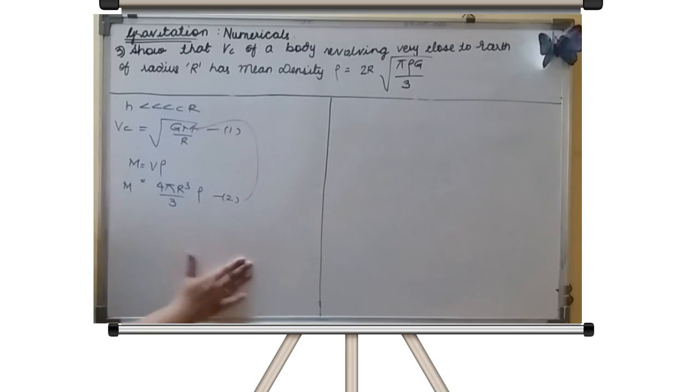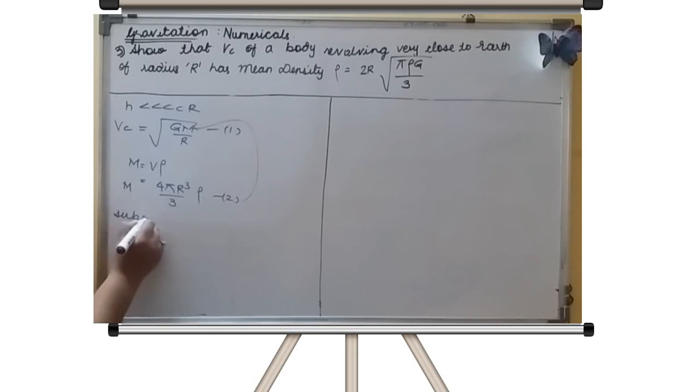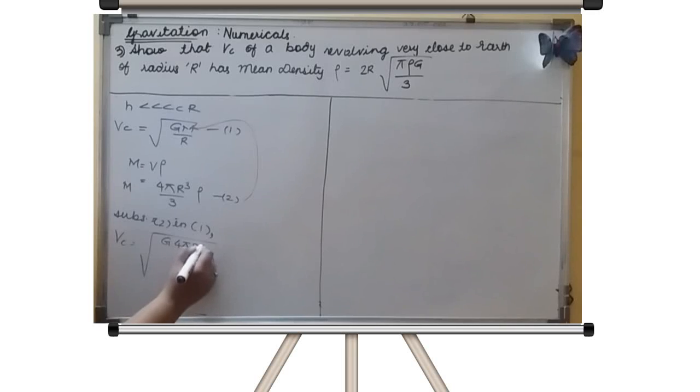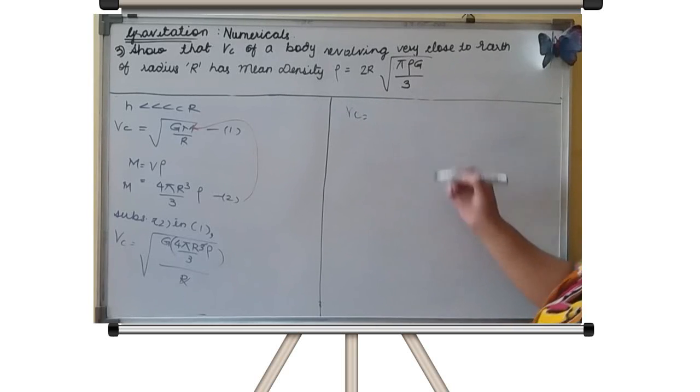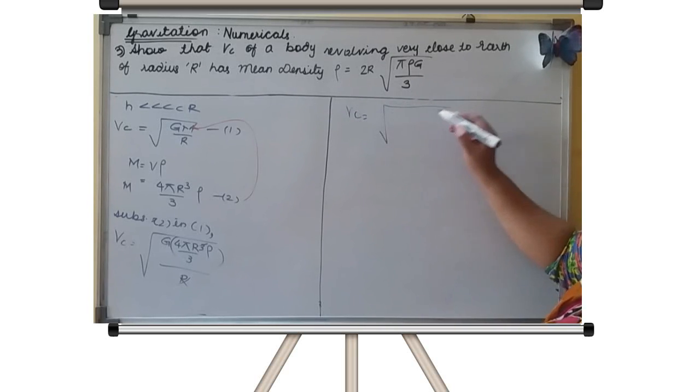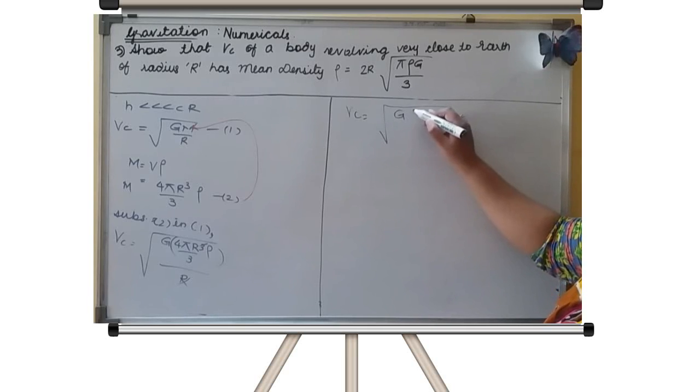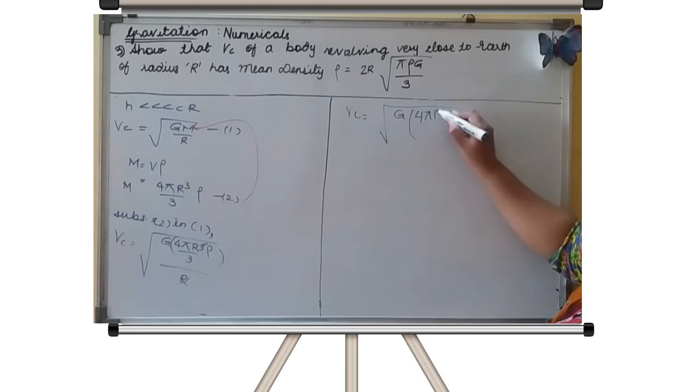Substituting 2 in 1, we get Vc is equal to under root of g into 4 pi r cube rho upon 3, all upon r. This r and this 1 r get cancelled. We get Vc is equal to under root of g 4 pi r square rho upon 3.